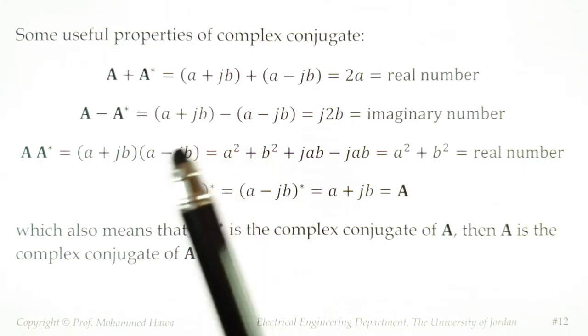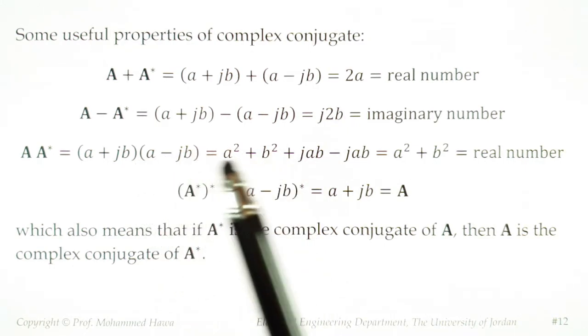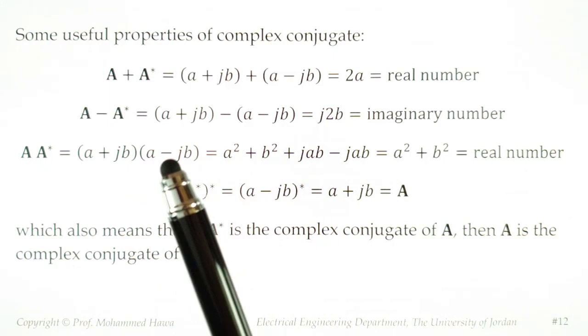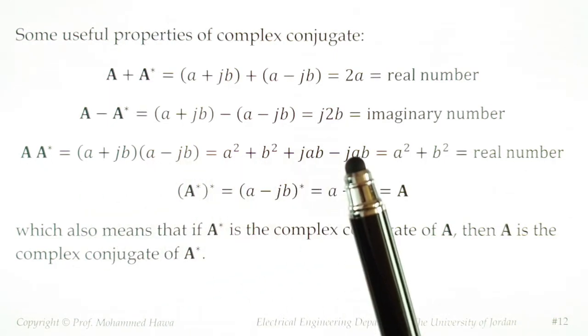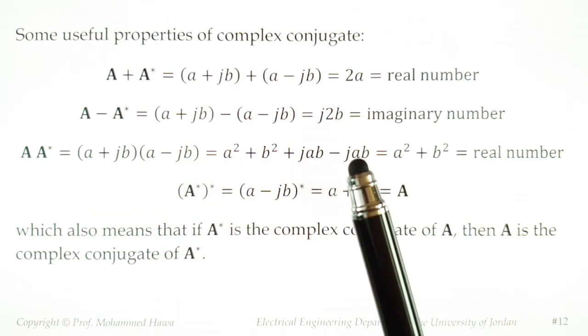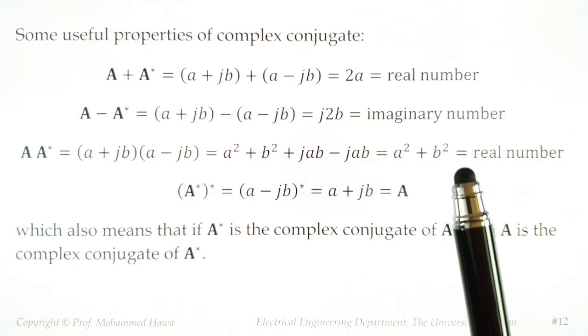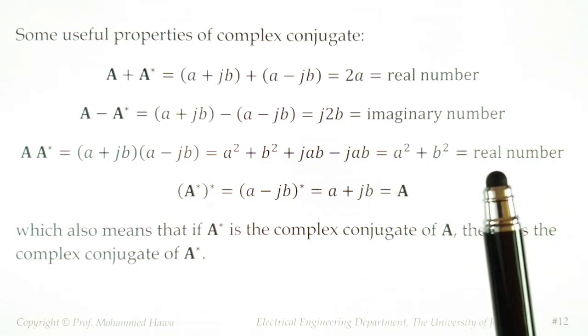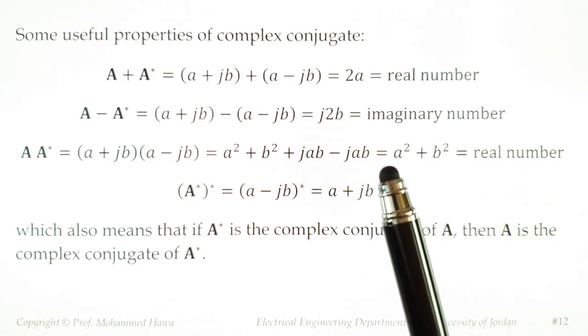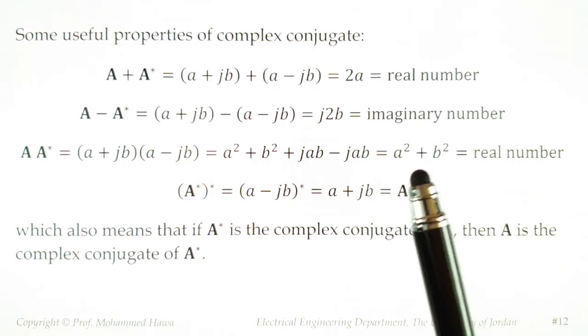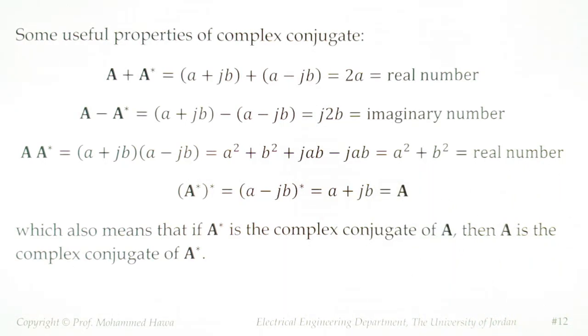It's a real number. Now multiply jb by a, you're going to get this. Minus jba, you're going to get this. The last two terms cancel out. You're going to end up with a real number, and that real number is equal to the real part squared plus the imaginary part squared. This will be very useful to us in a second.